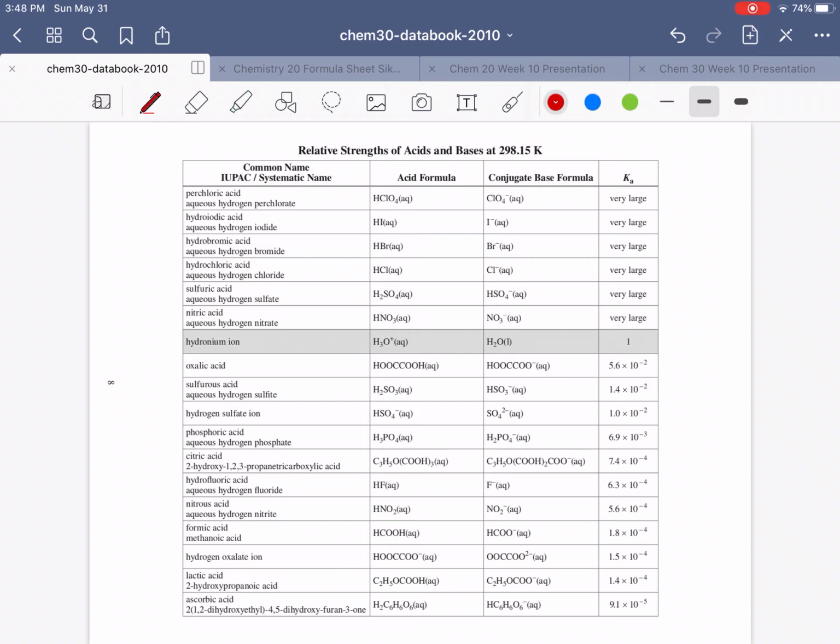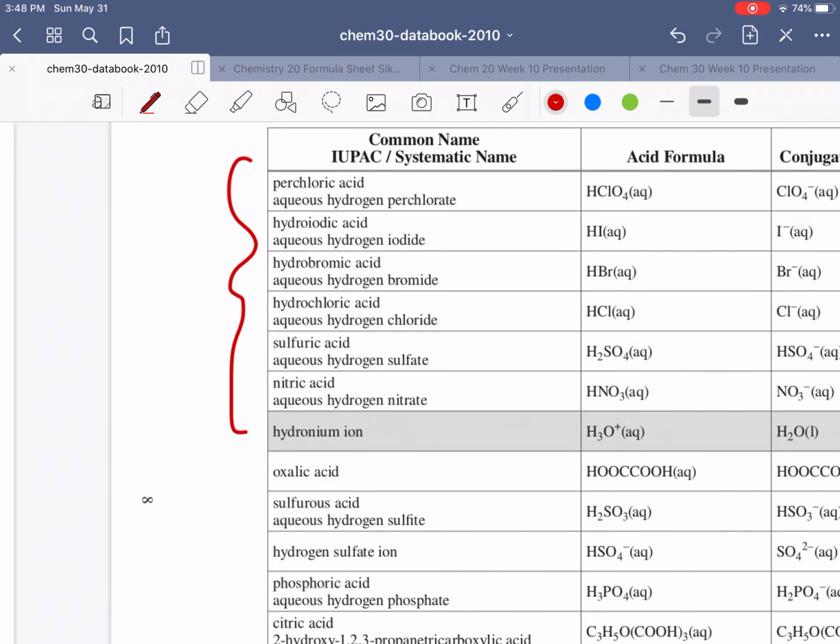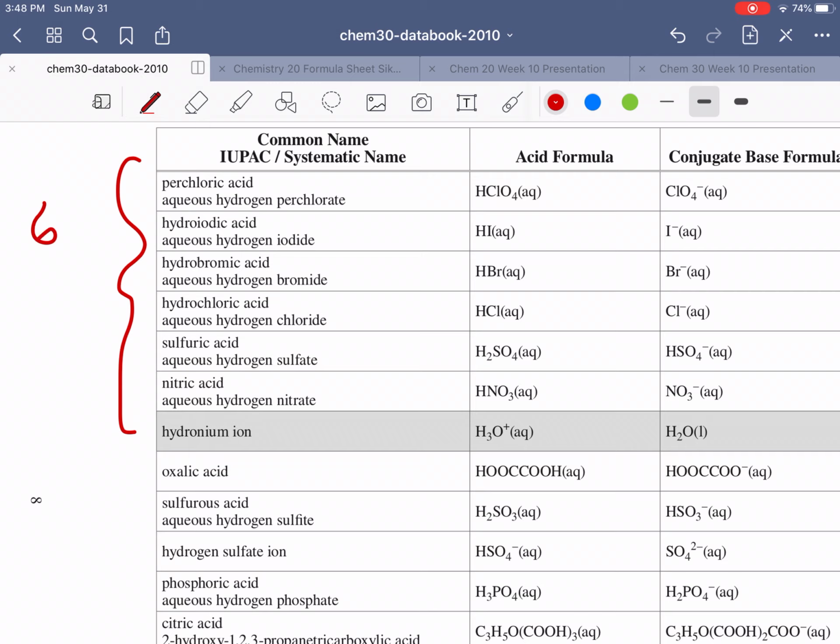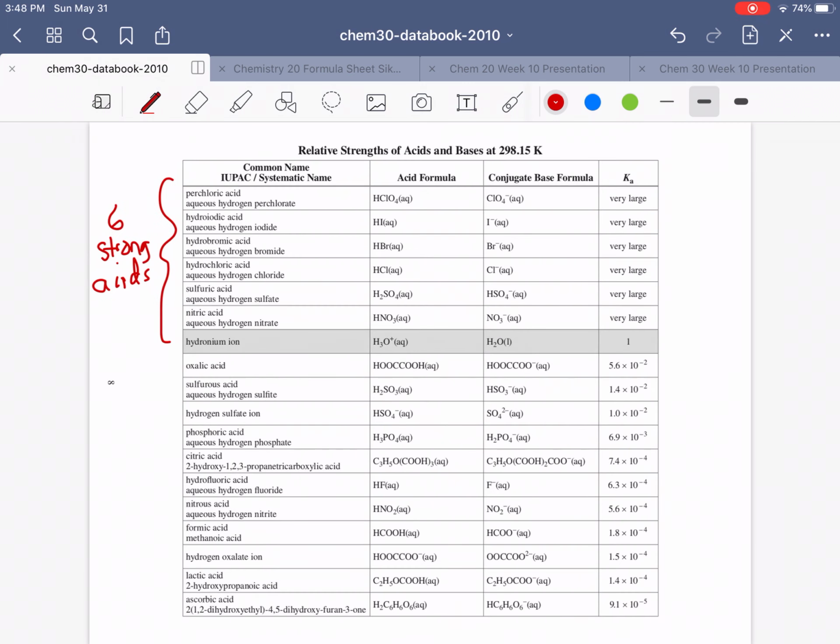And I want you to notice these right here. And hey, we got 1, 2, 3, 4, 5, 6. Guys, here are your 6 strong acids. These are the exact same ones that you were asked to memorize last year. And ultimately, all 6 of these will undergo 100% ionization every time.